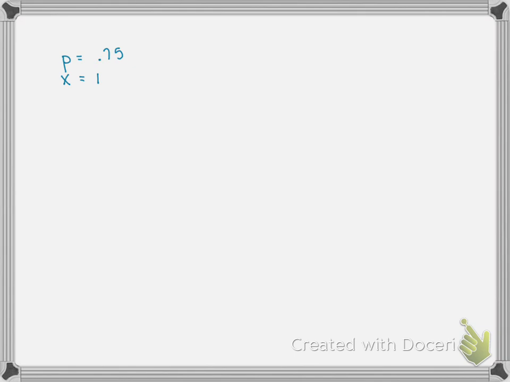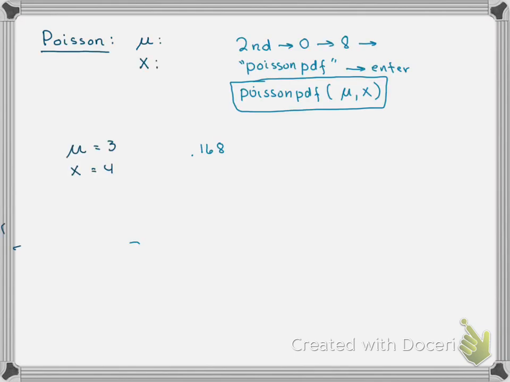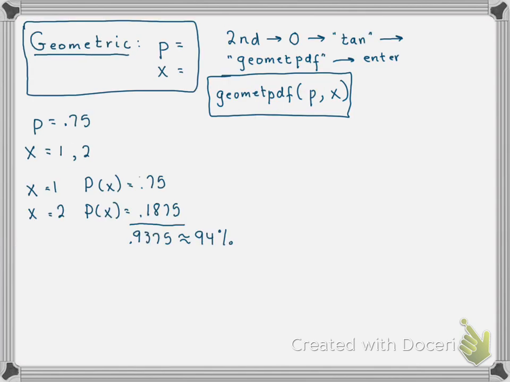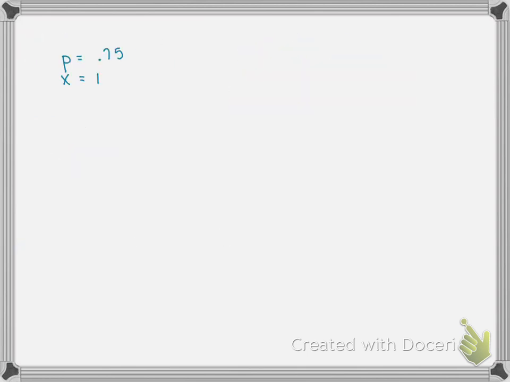This is an X value, which would be for 24A, X equals 1. Okay, let's go back here. For the Poisson, we need the mean. That's not it. The geometric, we need the P and the X. Well, we have the P and the X. That means that 24 is a geometric distribution.